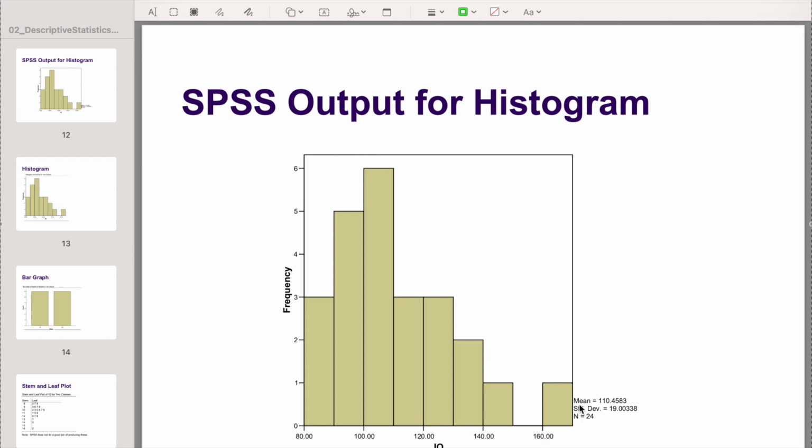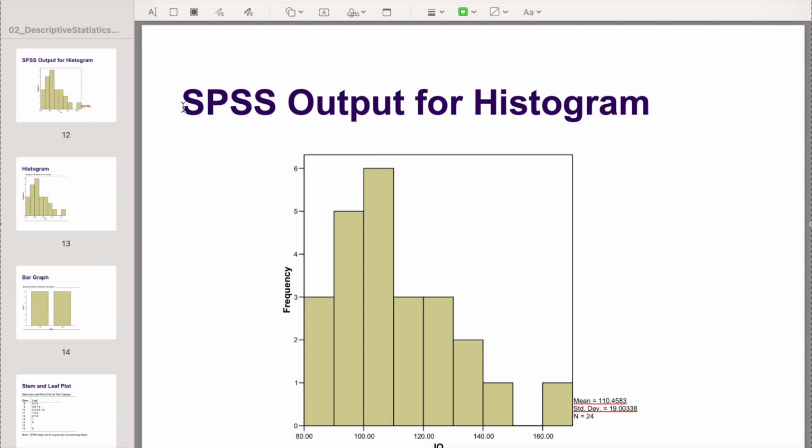Other statistical measures that we mentioned here that we can calculate are the mean, that what you see down here, and the standard deviation. That is how much items would deviate from the standard.